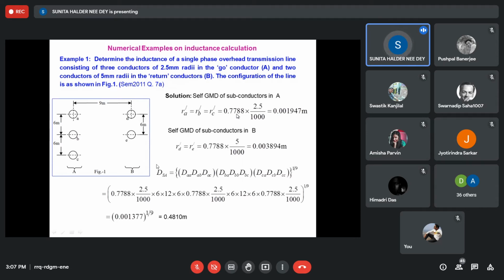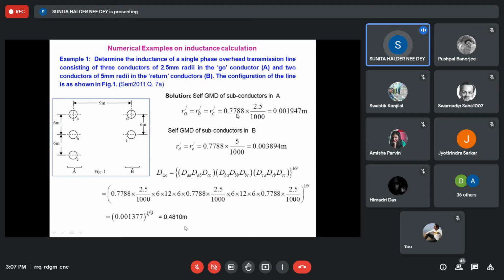Then what is the self GMD or GMR of the conductor A for this forward path? From A, we can find the mutual distances to B and C. So AA, AB, AC. Then from B to the others within that conductor: BA, BB, and BC. Similarly, CA, CB, CC. You just put the values. So there are 9 distances, to the power 1 by 9.